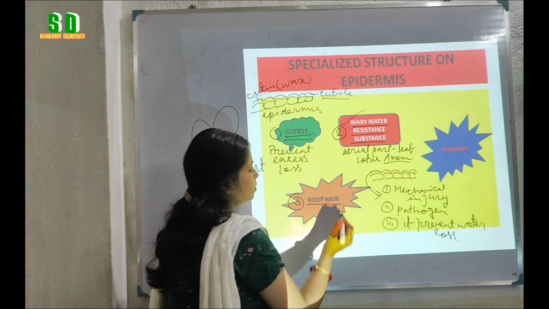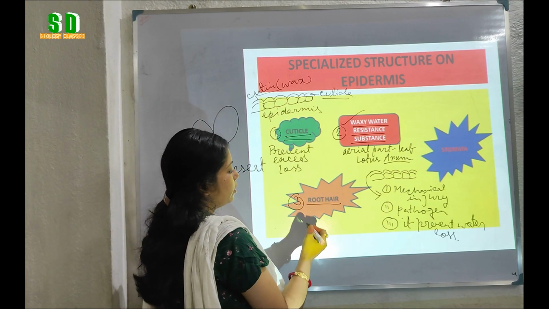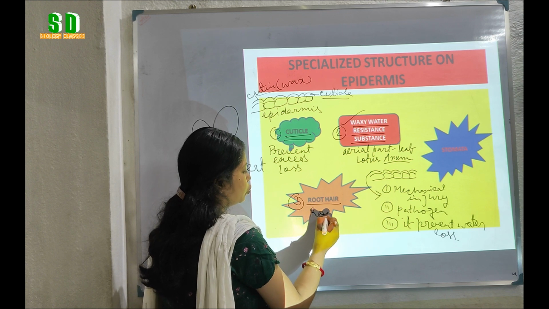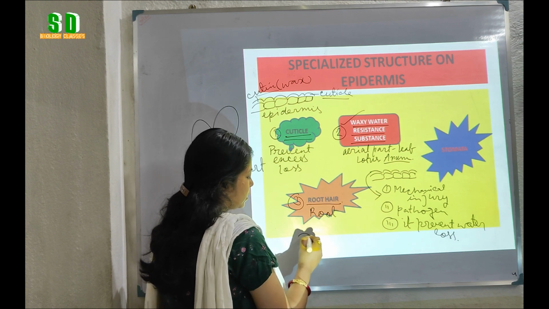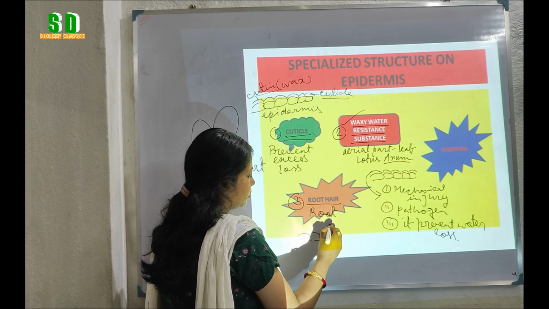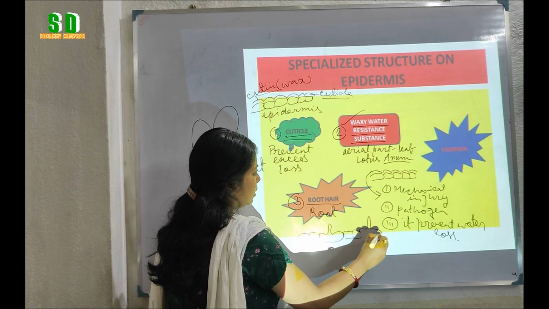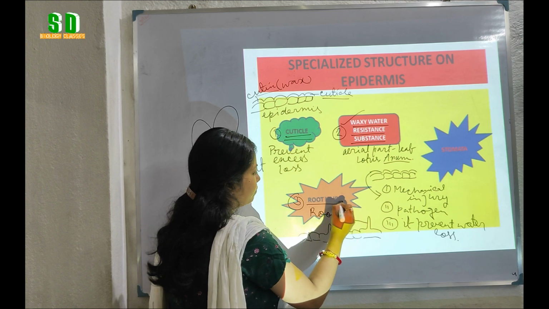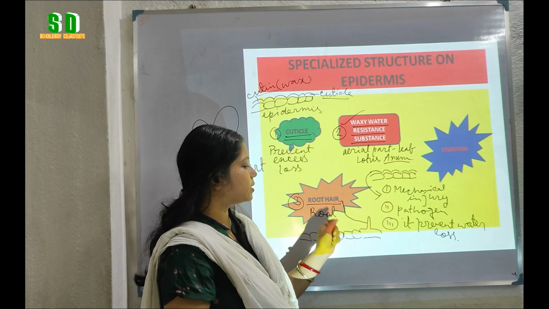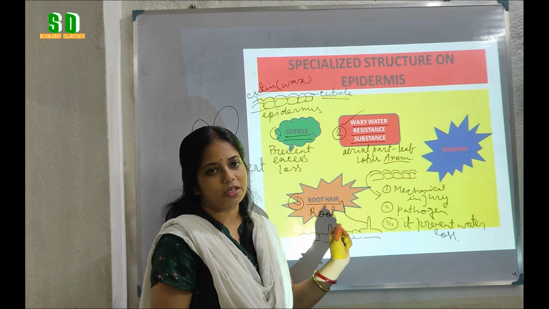Now, another type of modification of the epidermal layer that we can see in the root is that from the outermost layer of the root, unicellular root hairs are formed. These are specialized structures of the epidermal layer.